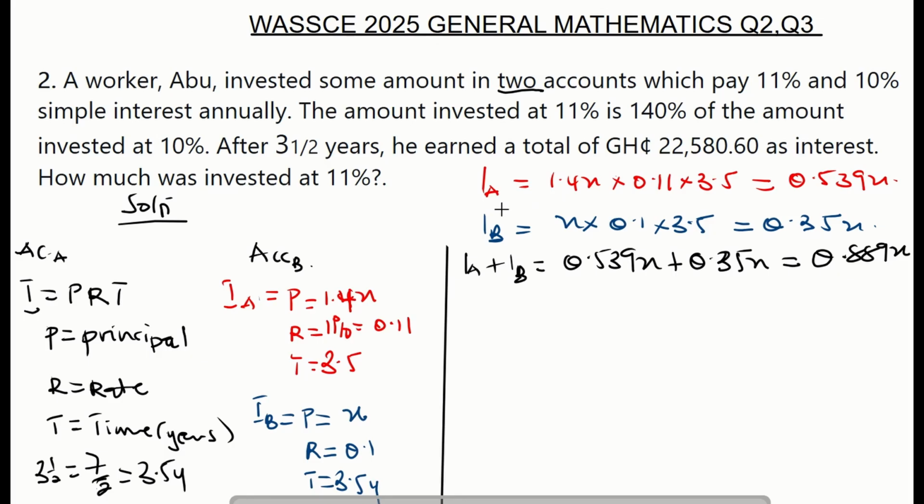But the question further gives us information. He earned a total of 22,580.60 pesos as the interest. So this is the total. So we have to equate this to 0.889x. This is actually in cedis.